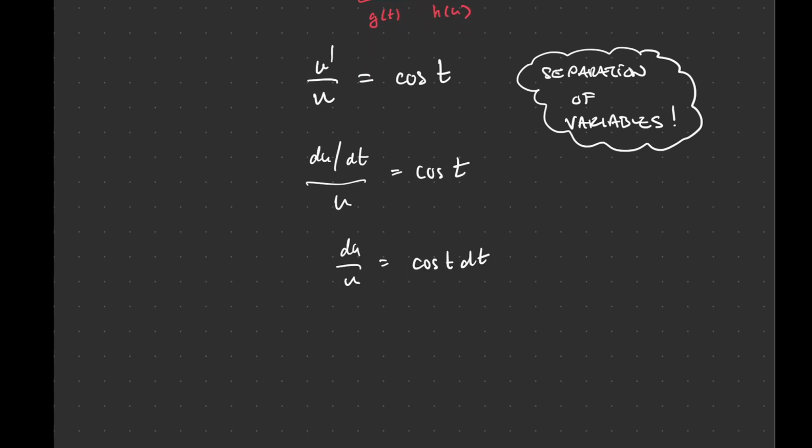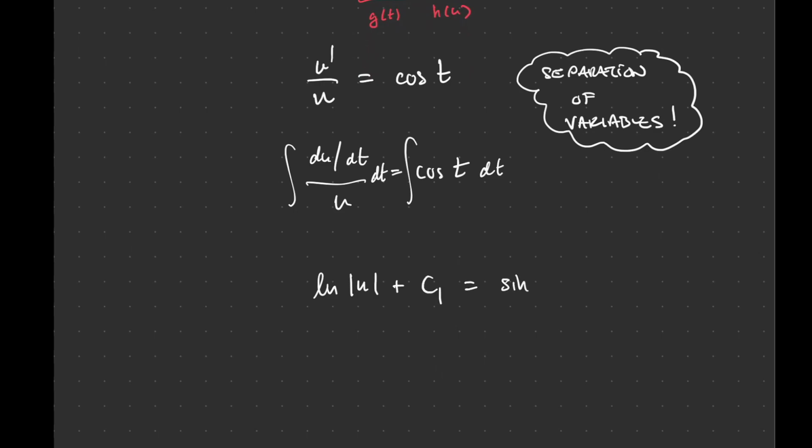Or you can start from here and integrate both sides with respect to t, and you'll end up at the same place. Okay, but at any rate, integrating the left-hand side, we'll see that this is a natural log. And on the right-hand side, this is sine t plus c2.